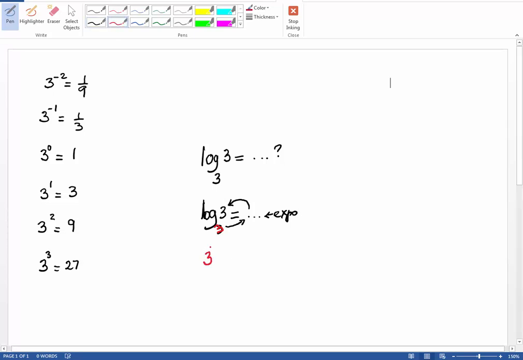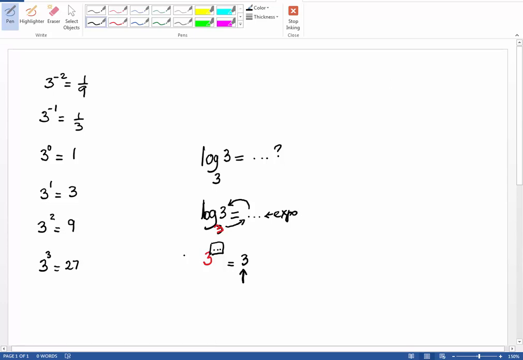So my hint is that 3 raised to my answer, which is an exponent, gives me 3. So which power of 3 must I place here so that I get the quantity inside the log, so that I get 3? So which power of 3 gives me 3?